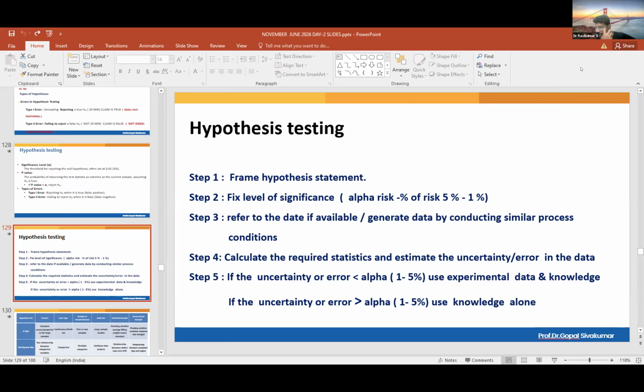Similarly, here the doctor got a report and the doctor knows the percentage of error present in the data in that report. That error must be within 2% for certain tests, and for some tests even less than 1%. Then only the result will be considered genuine and used for making decisions.